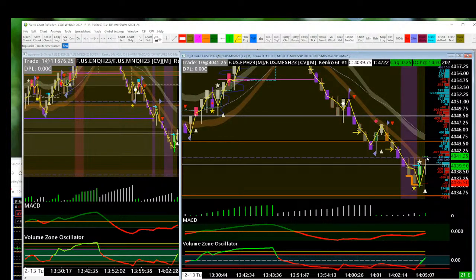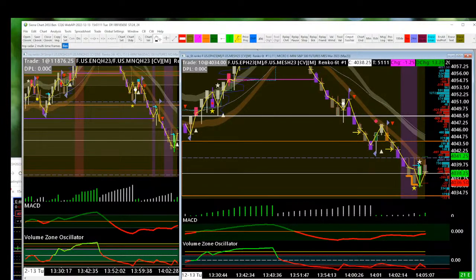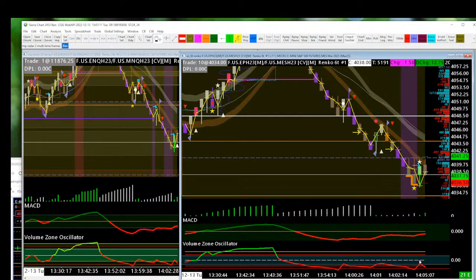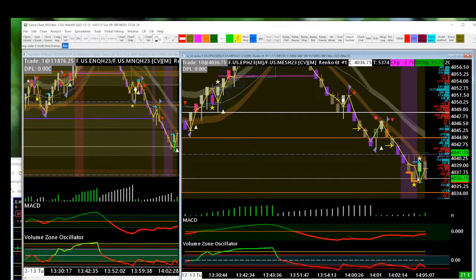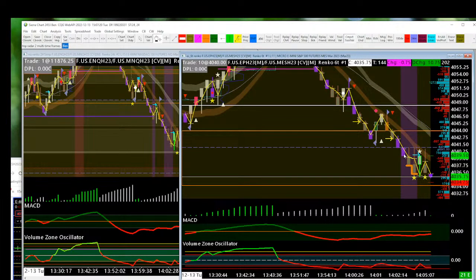If they close this bar bullish, we're not going to know until they close it, but you always have to kind of be thinking ahead. If they were to close it bullish, the amount of energy it took to get those two bullish would be so much that most likely they would need to retrace. Well, they didn't even close it.